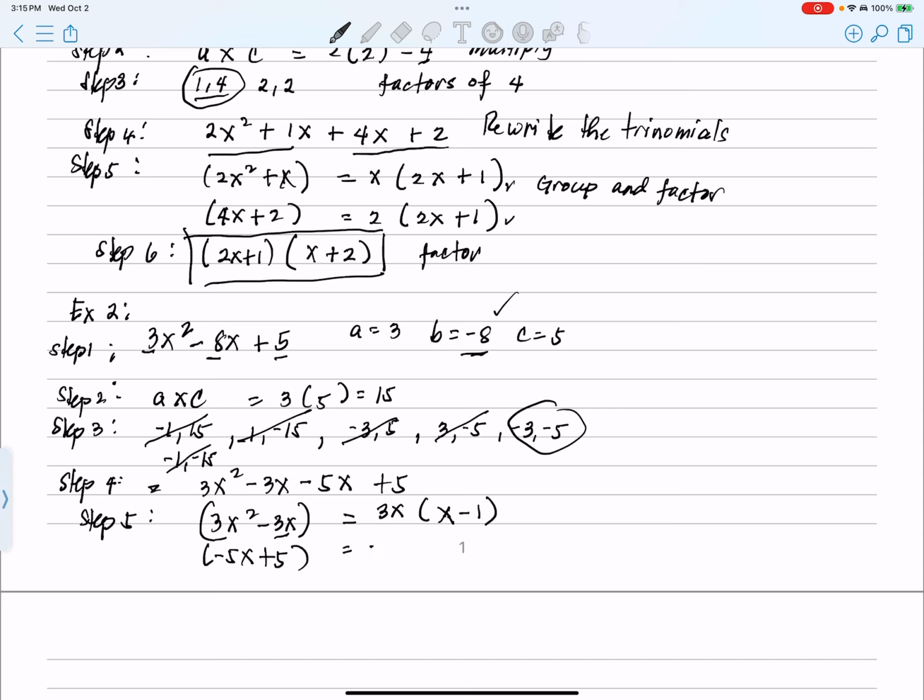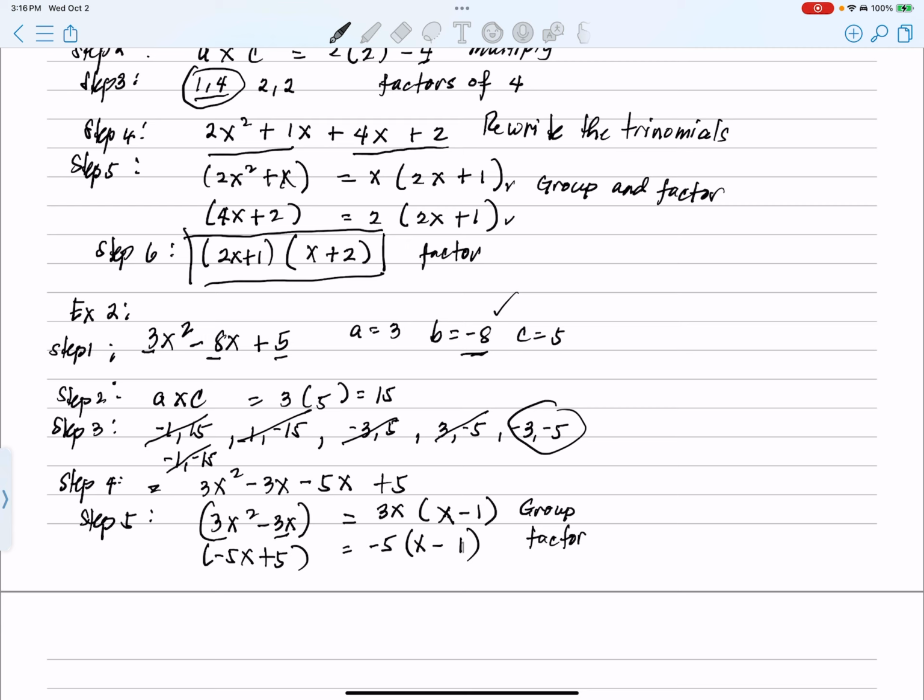We put negative 5 out. So negative 5x divided by negative 5, that's x. Positive 5 divided by negative 5, that's negative 1. Alright? So what we did here is we group and we factor.